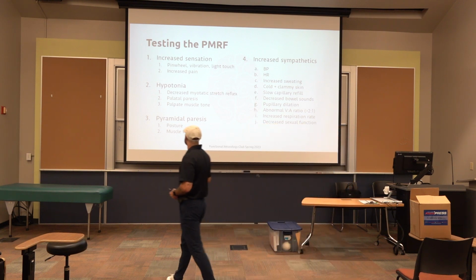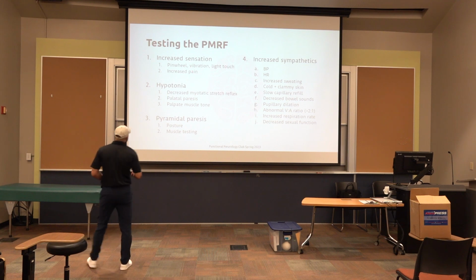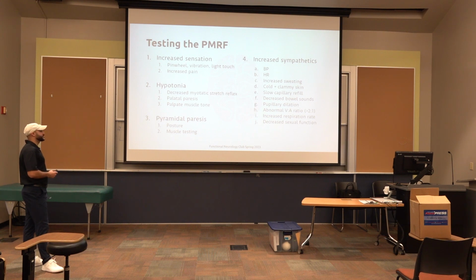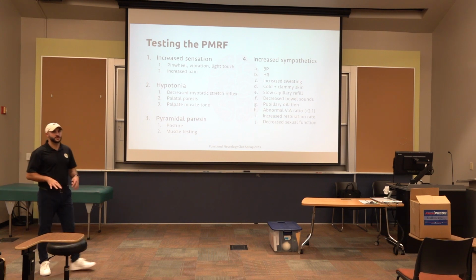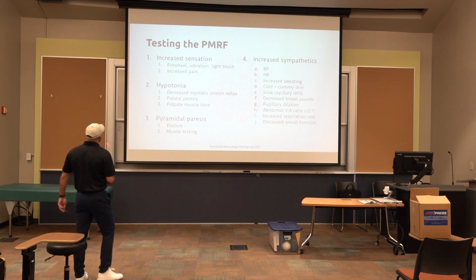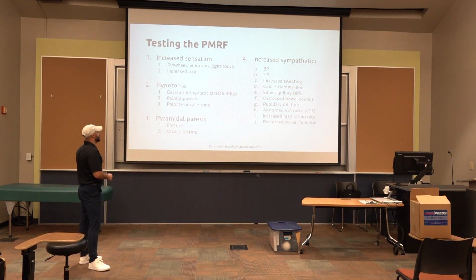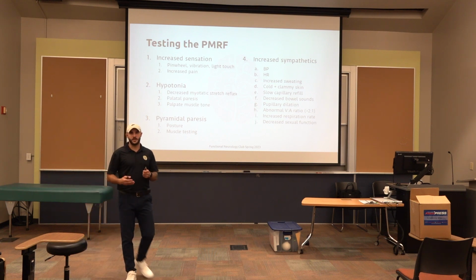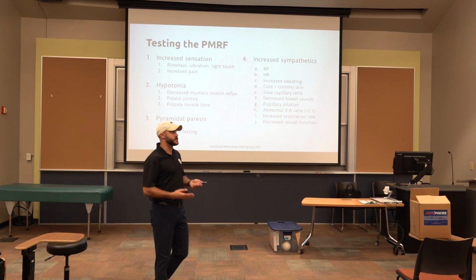Increased pain is a note. Hypotonia, so decreased myotactic stretch reflexes, palpate muscle tone. If there's a decrease in muscle tone, it's going to be a PMRF lesion. You're going to look at posture and do muscle testing. All those can show dysautonomia, neurological disorganization.